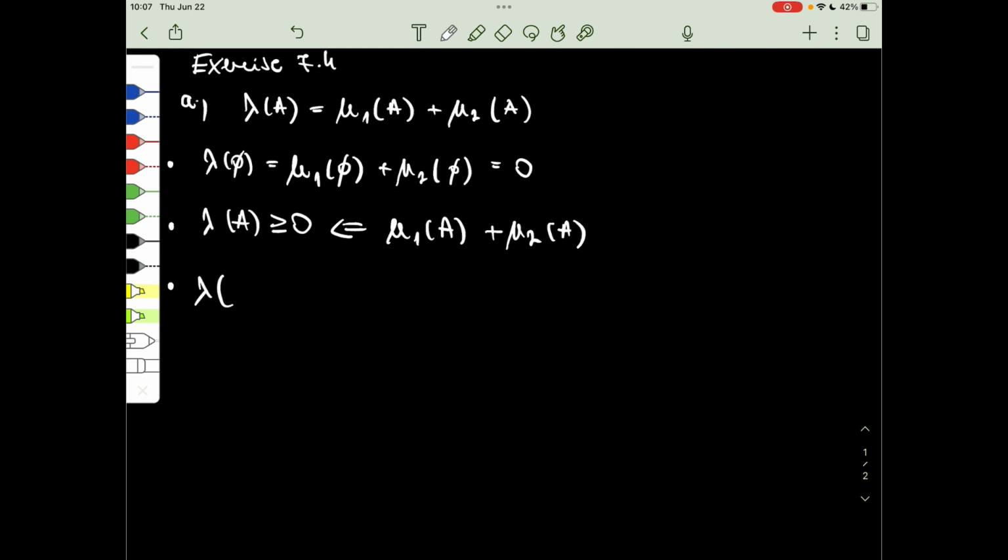So we need to show that the measure of the union of disjoint sets is the sum of the measures of the disjoint sets. So it's equal to this.